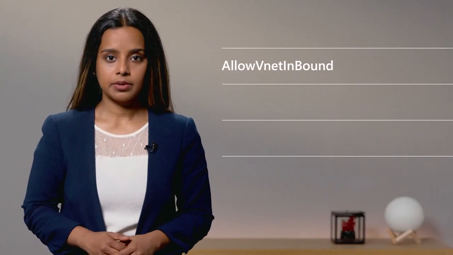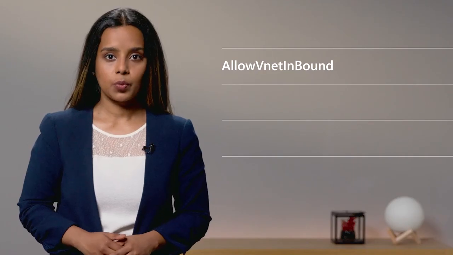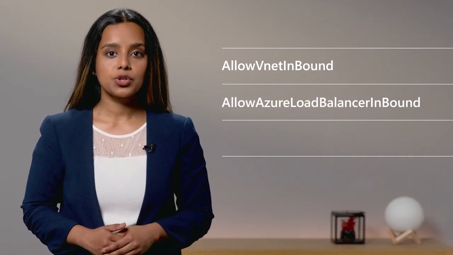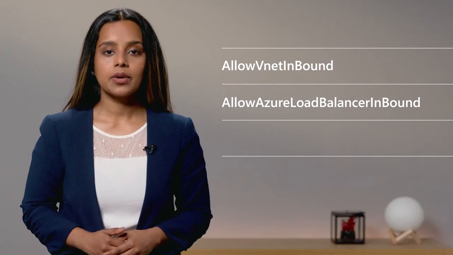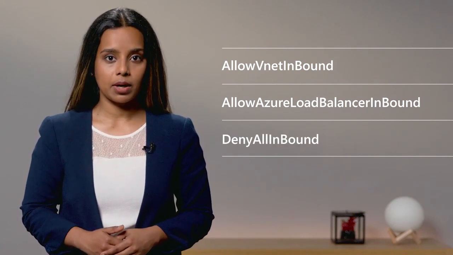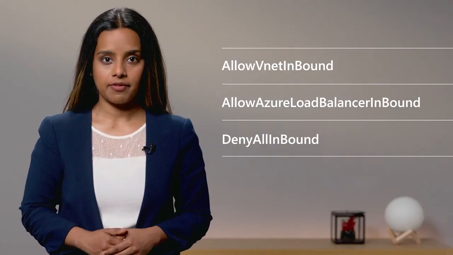These default rules include allow VNet inbound, which allows inbound traffic from within the same virtual network, allow Azure Load Balancer inbound, which allows inbound traffic from Azure's load balancer, and deny all inbound, which denies all other inbound traffic.